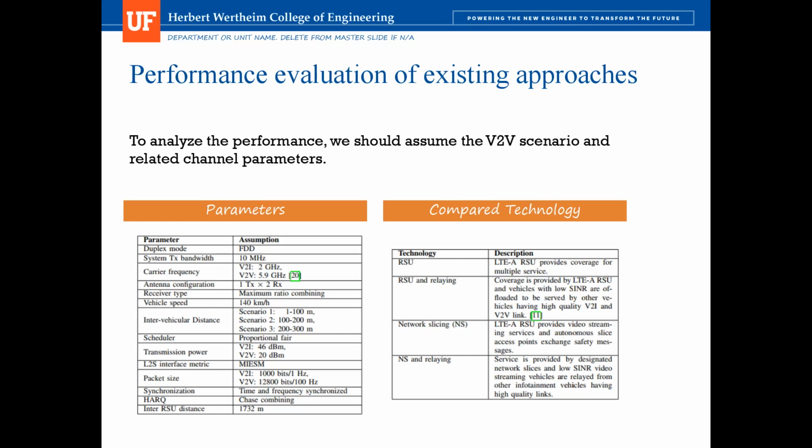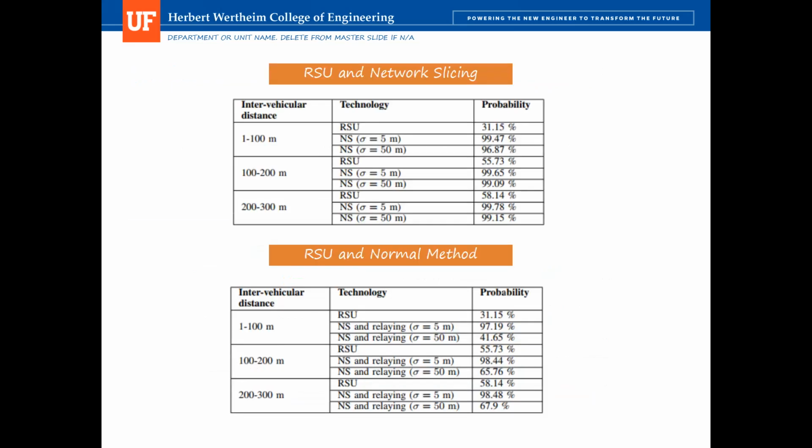And also, we will compare the normal roadside units with the network slicing services, and network slicing services with relaying service. With this comparison, we're going to know the performance of the existing approaches.